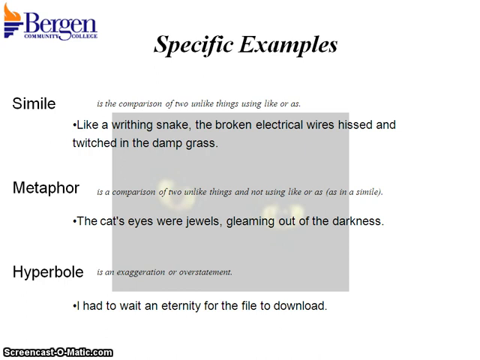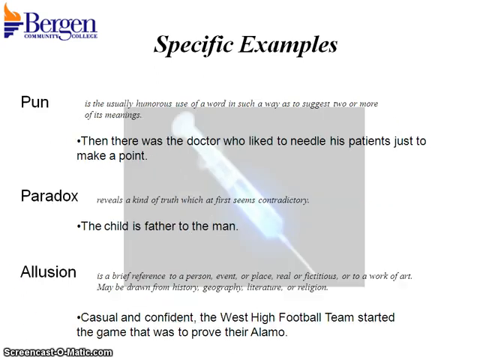It's obviously an exaggeration, but it's exaggerated for a reason. So you want to notice that when you see hyperbolic language, it's like, this is really over the top stuff. Why is the author using that? So again, a simple example: I had to wait an eternity for the file to download, is hyperbolic because, needless to say, we can't wait an eternity for anything, right?